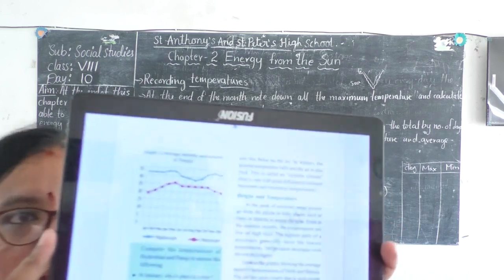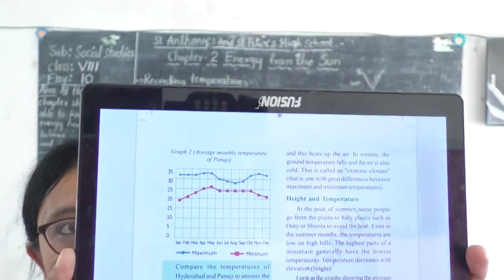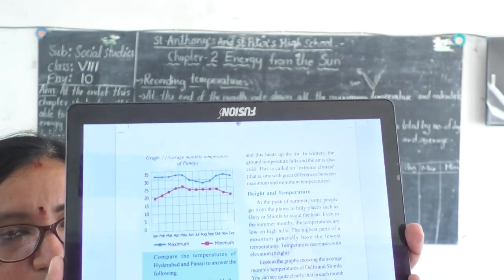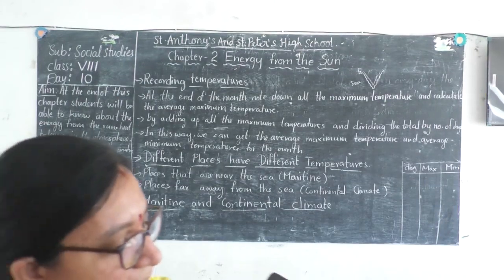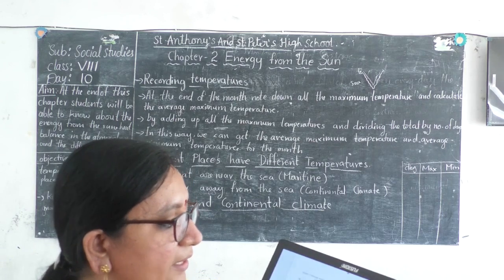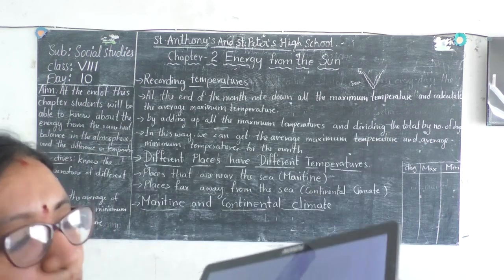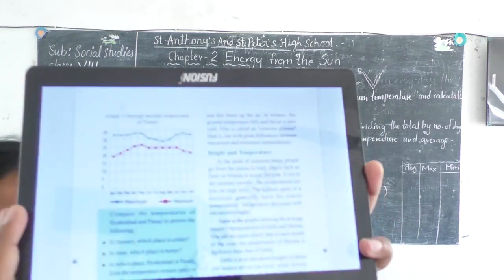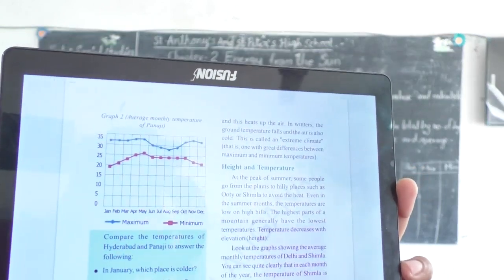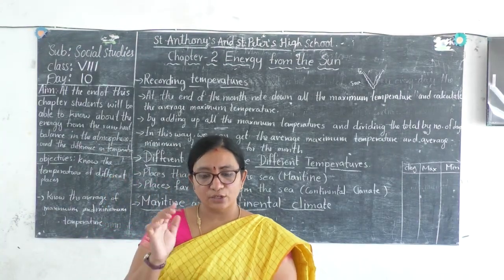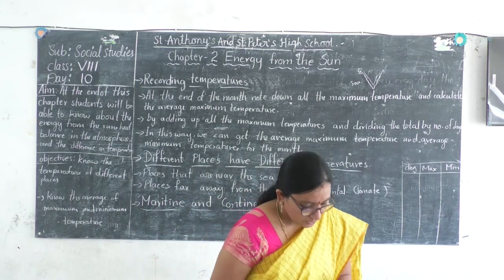If you have such graphs at home, please note them down in your notebook and write down the readings on them. Here they have used blue for maximum temperature and red for minimum temperature. You can do the same thing in your notebooks also.